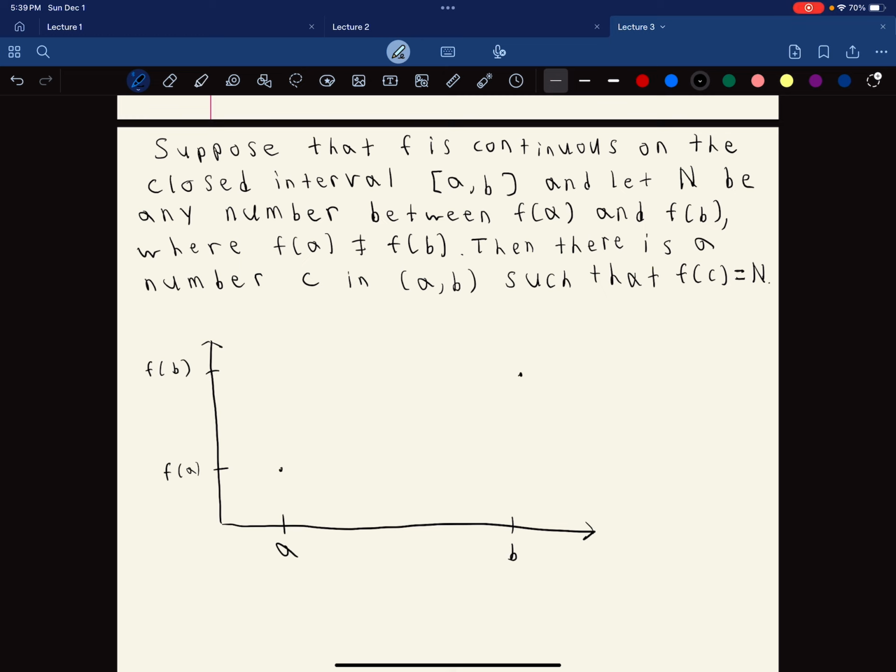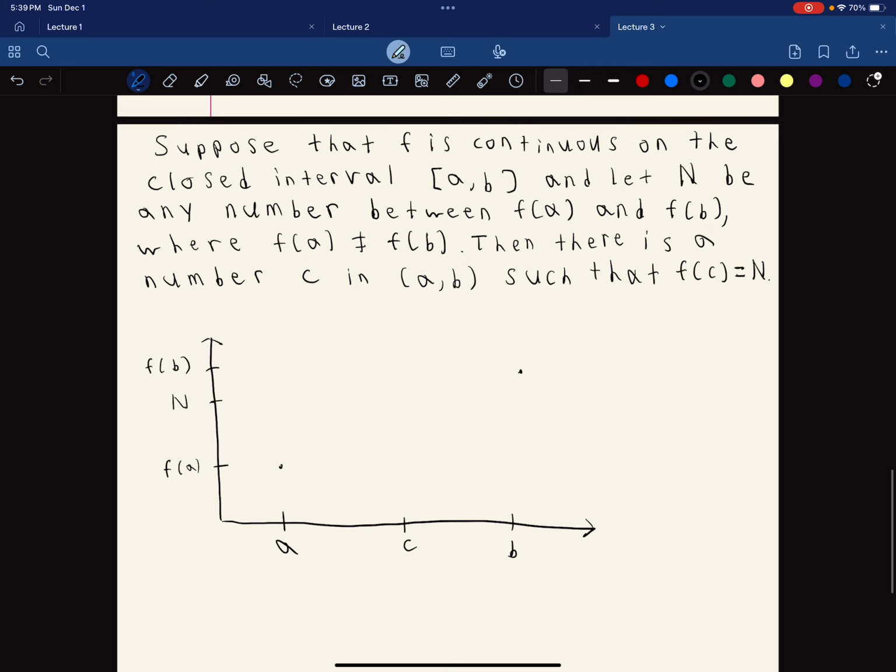Going back to the definition, we're letting n be any number between f(a) and f(b). So it can be anywhere on the y-axis that's between f(a) and f(b). Let's say n is here. Then there is a number c in the interval [a, b]. Let's say it's here, such that f(c) is equal to n. And this will always hold true.